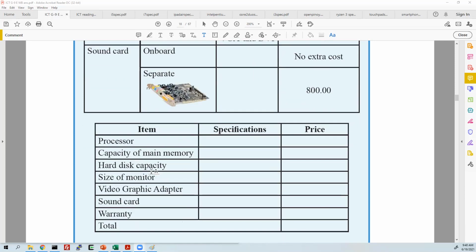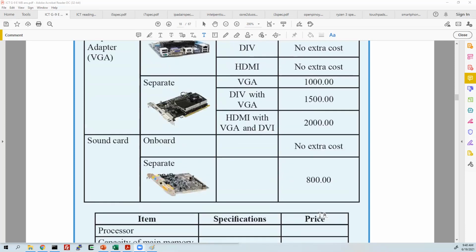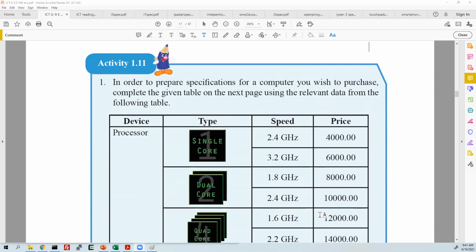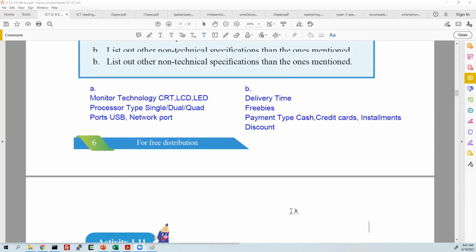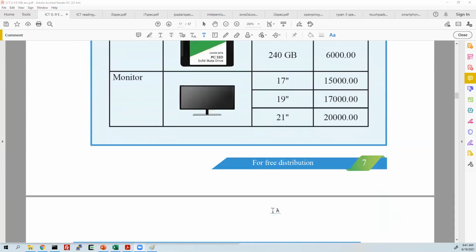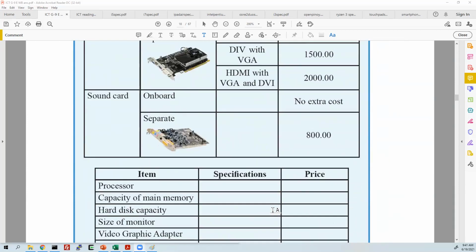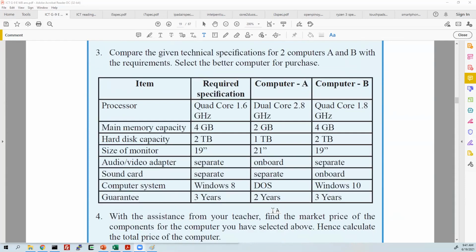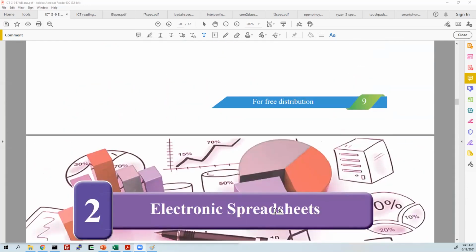Finished. Last one, the warranty. Right? So warranty, are they given any price? Warranty, we have not given any price. It seems. No, we have not given, right?